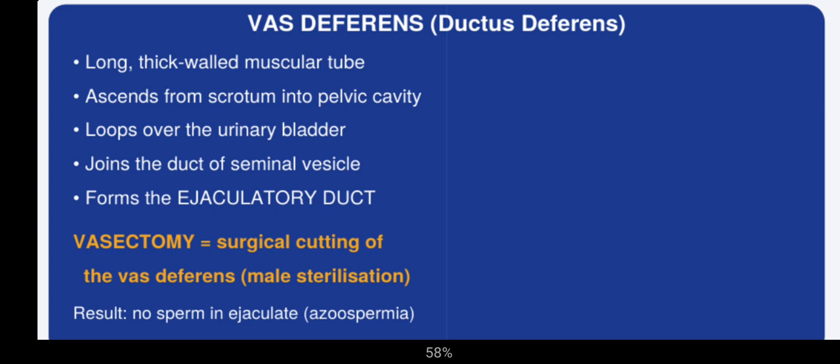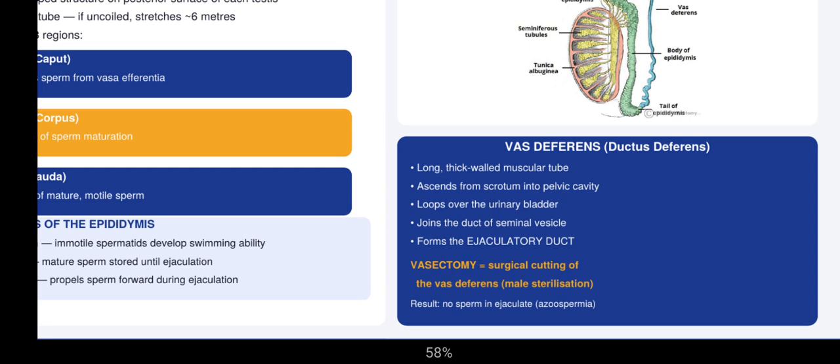All right, so your body absorbs that sperm and consumes it to serve as nutrients. So you will not be able to impregnate a lady ever again, and it cannot be reversed. The result is that no sperm ejaculates. Azoospermia is the term we use to describe such a condition.